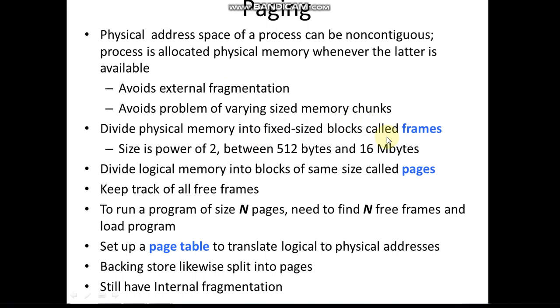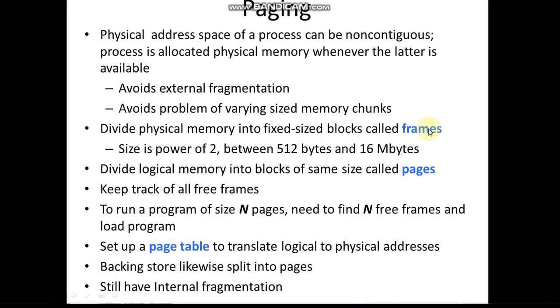We call them frames. Usually a power of 2 size is taken, which varies between 512 bytes and 16 megabytes. Similarly, logical memory is also broken into blocks of the same size called pages. Just make an observation: physical memory is broken into fixed size blocks called frames, whereas logical memory is broken into fixed size blocks called pages.